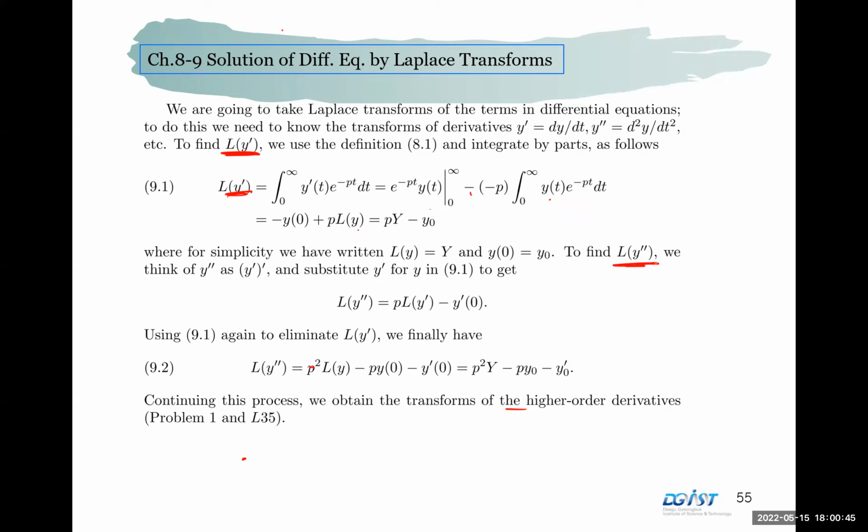And let's do the same thing for y double prime. Instead of y double prime, we just imagine this is nothing else but u prime, where u is y prime. So this one corresponds to P times large U minus u0.